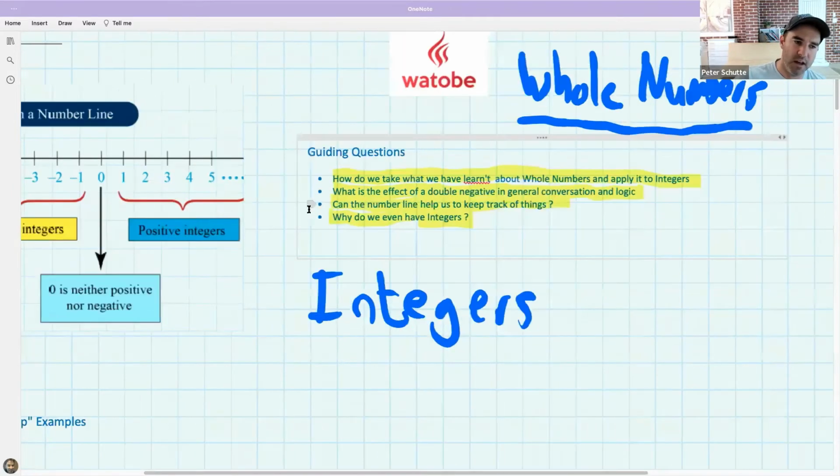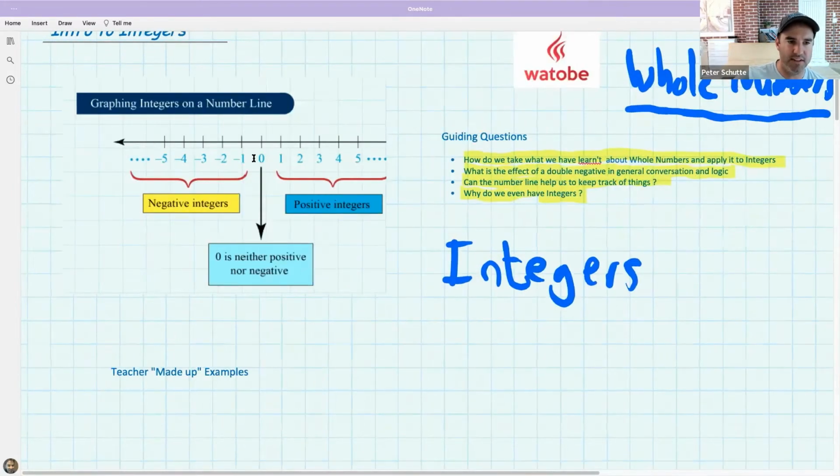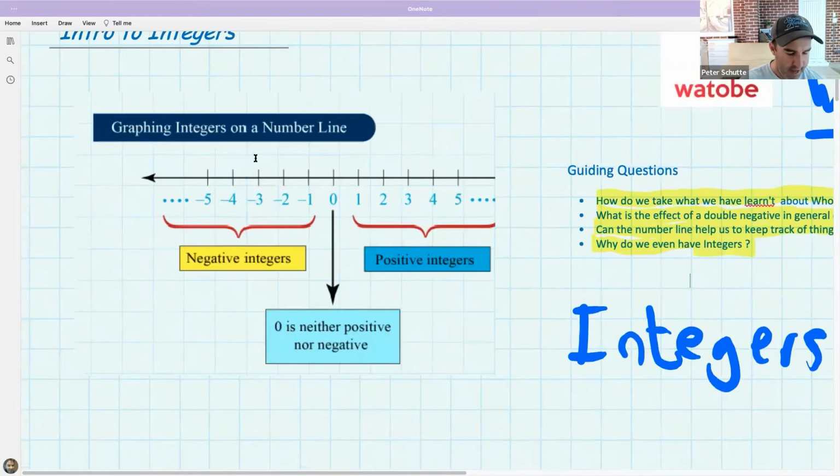So I'm going to move across to this lovely big picture that I have here. In the previous unit, we only really spoke about things like 0, 1, 2, 3, 4, 5. But if you go to the left-hand side of the number line, if you go 1 unit to the left, you'll get -1.